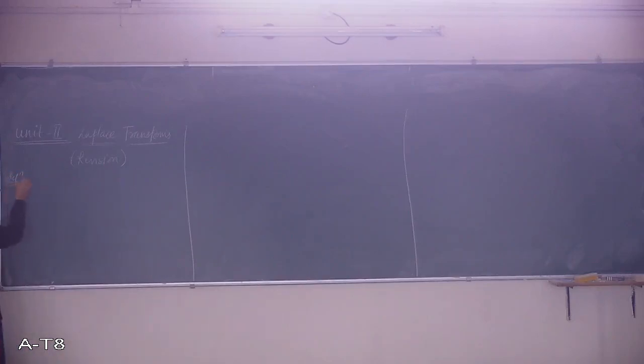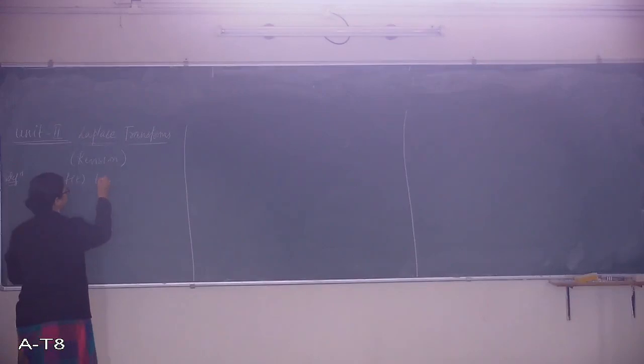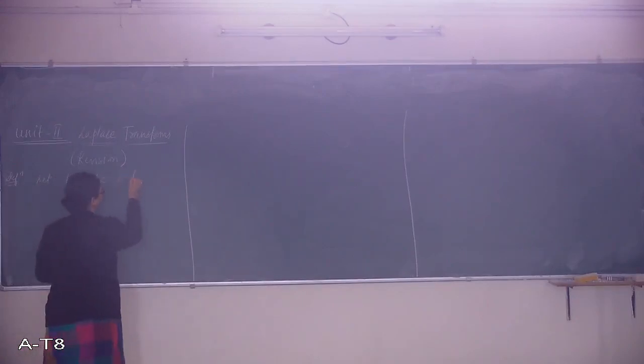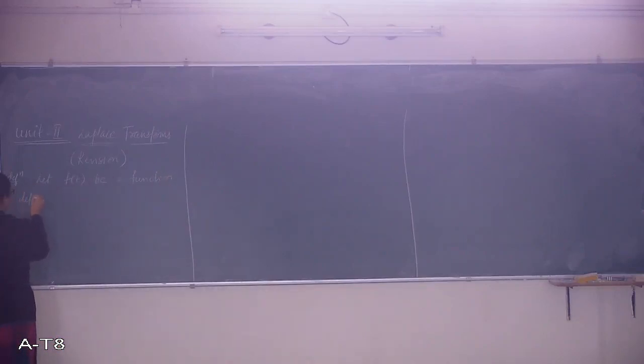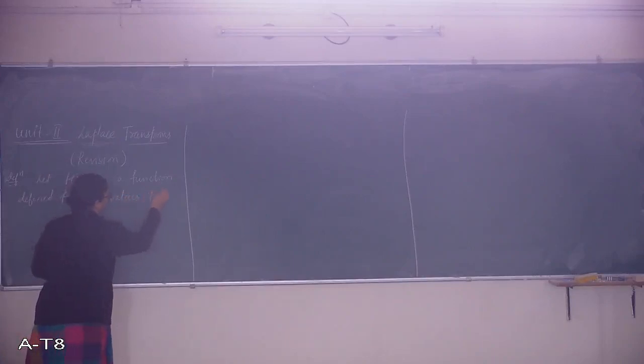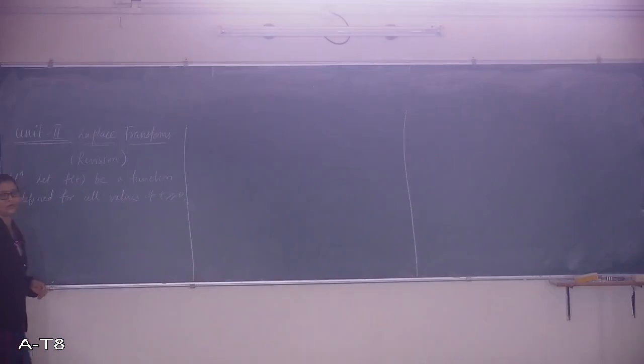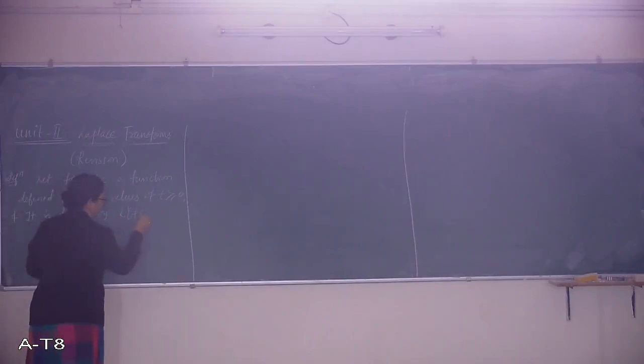Let's start with the definition. Let f of t be a function defined for all positive values of t, that is t is greater than or equals to 0, and it is denoted by L of f of t.